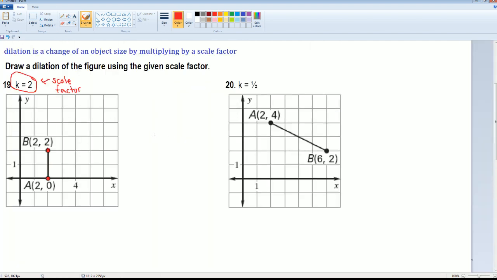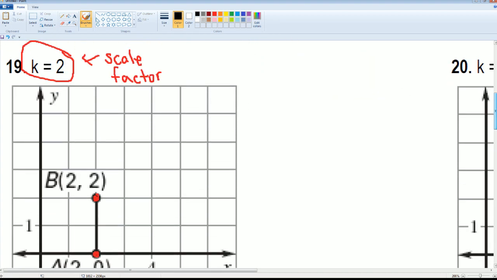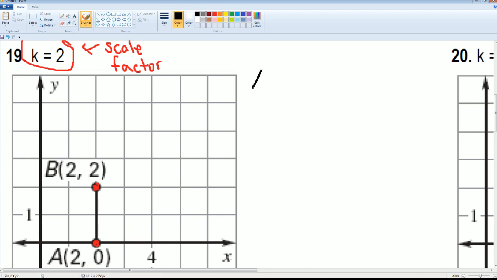Good? So let's start. Our first step is always to write down our points. So A, the point of A, is (2, 0), and B is the point (2, 2).